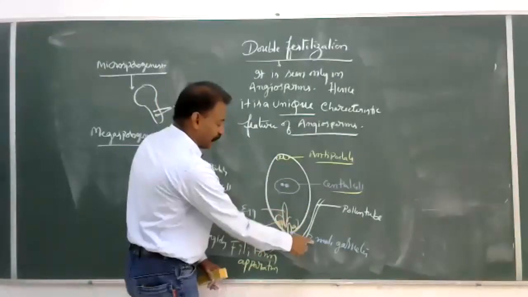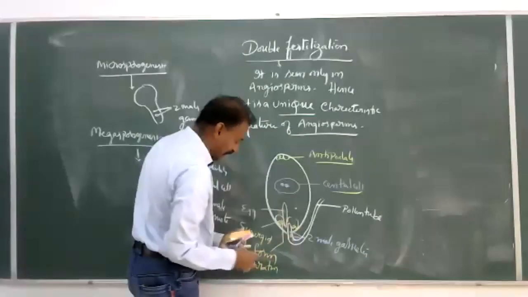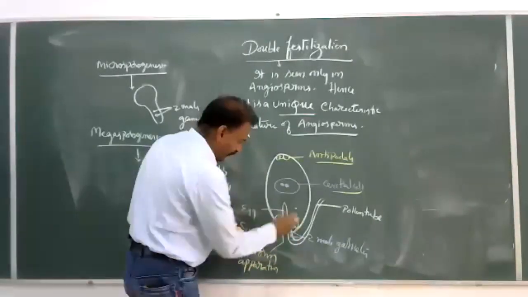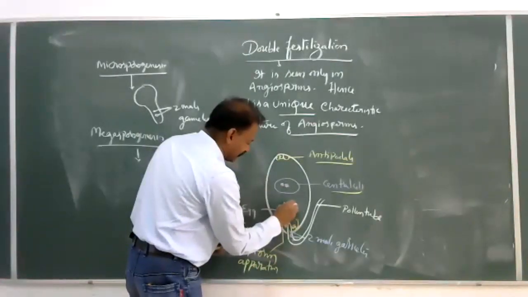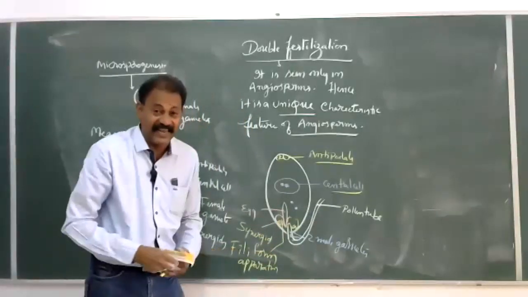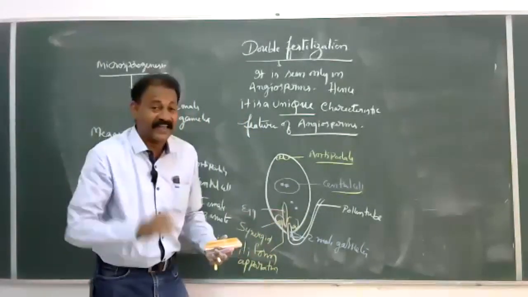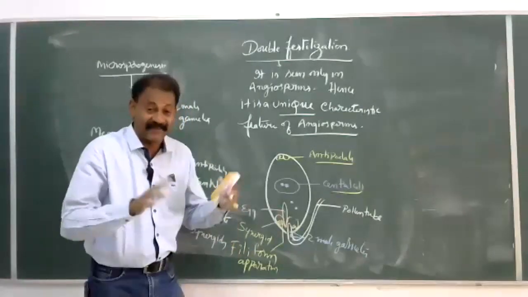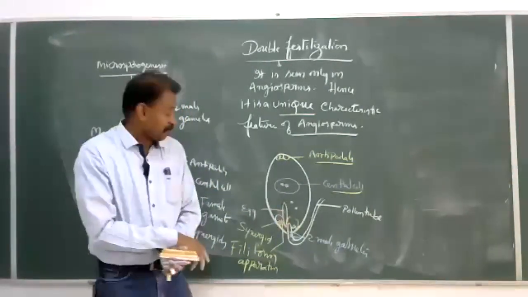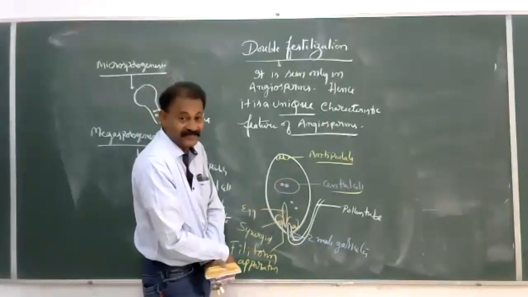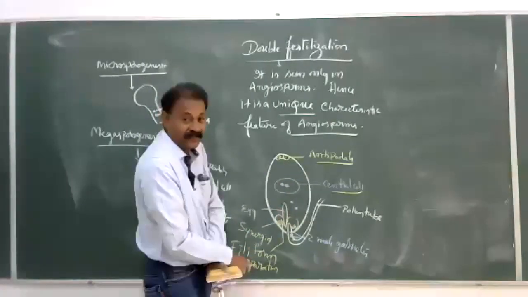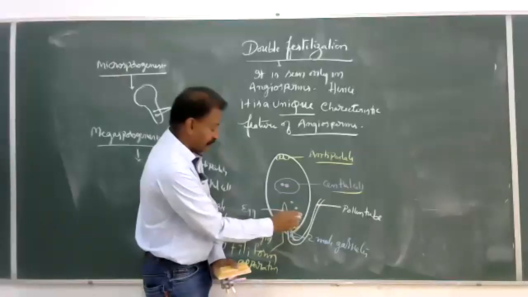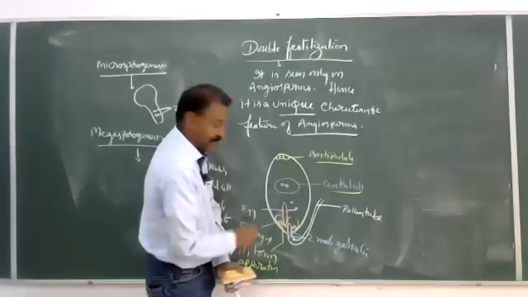Now the two male gametes are released. When they are released, they do not have any motile structures like flagella or cilia. They are non-motile. By cytoplasmic movements, by cytoplasmic streaming, one male gamete fuses with the egg.